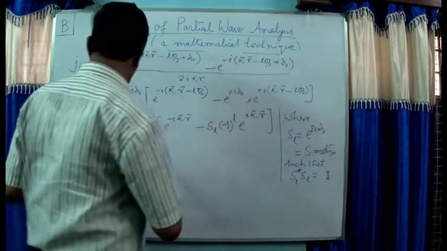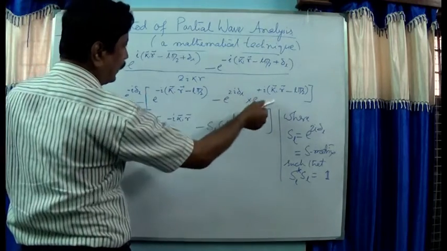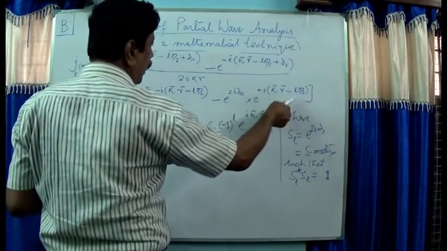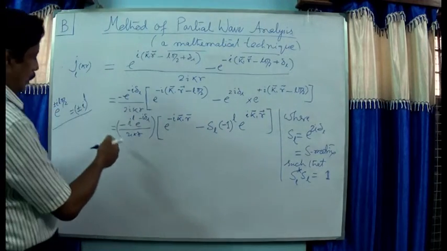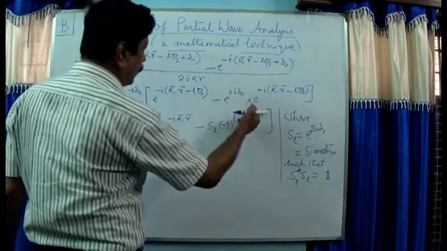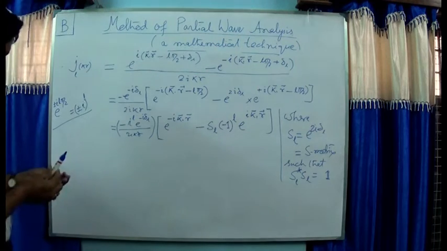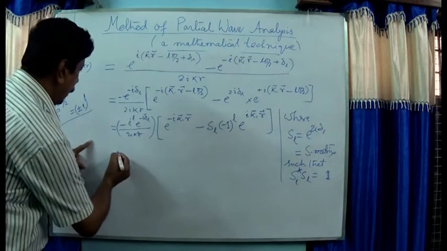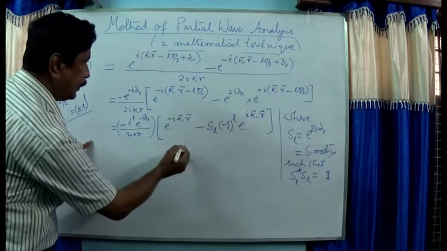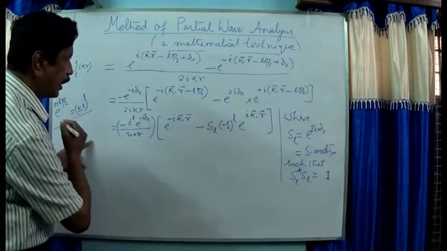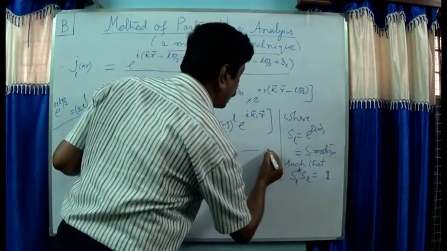Is it now clear to you? I have taken i to the power L as common. So there is one minus i to the power L. So it will be minus i to the power L, and as i is common, it becomes minus 1 to the power L. So this is the desired relation up till now, and let us call it equation number 6.